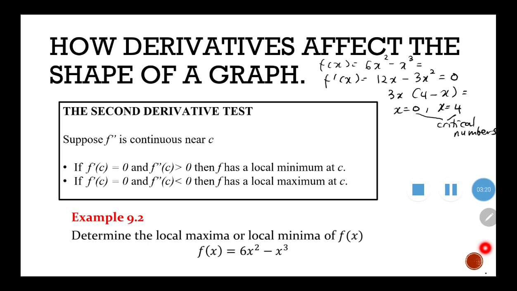Okay, now that's settled. So if f double prime at the critical number is larger than 0, then f has a local minimum at C. And if f double prime at the critical number is less than 0, then f has a local maximum at C. Okay, now we want to look. So f double prime, we differentiate again this equation here.